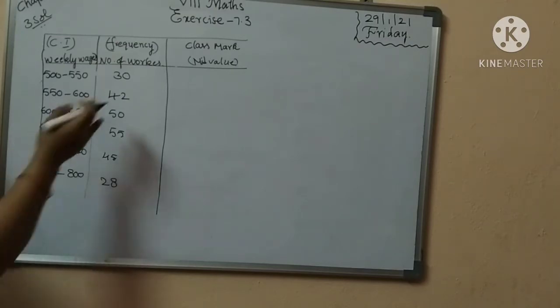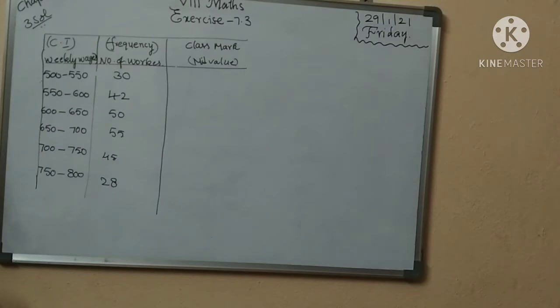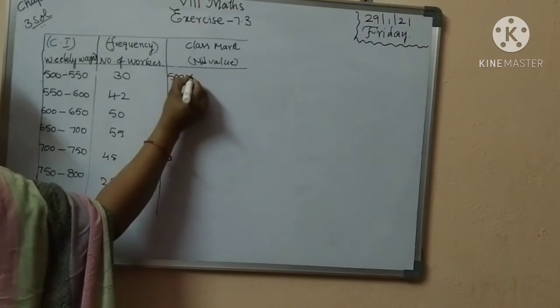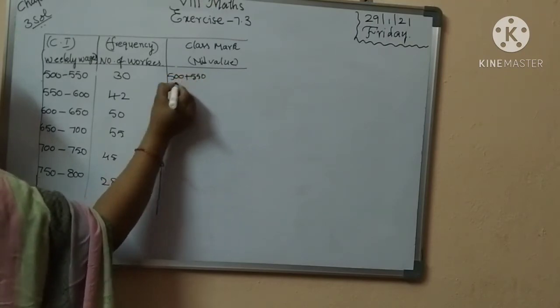Okay, how to take the class mark? It is the average of a class interval, the sum of lower boundary plus upper boundary by 2. Okay children, so here 500 plus 550 by 2.